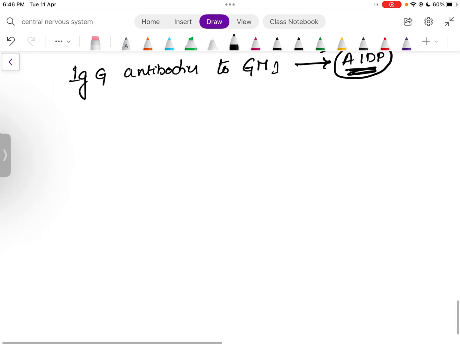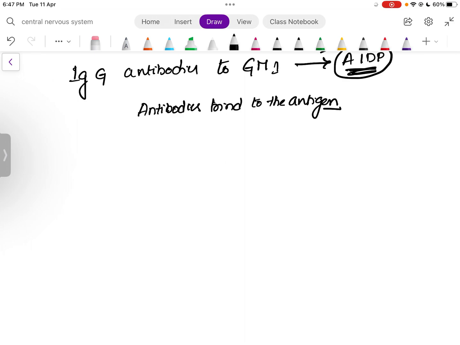Next, we will see the sequence of events of how this damage of myelin will occur in Guillain-Barre syndrome. First, what will happen? Antibodies are directed towards the nervous tissue, where there is a recognition of the own nervous tissue as an antigen, and antibodies bind to the antigen, and they will cause complement activation.